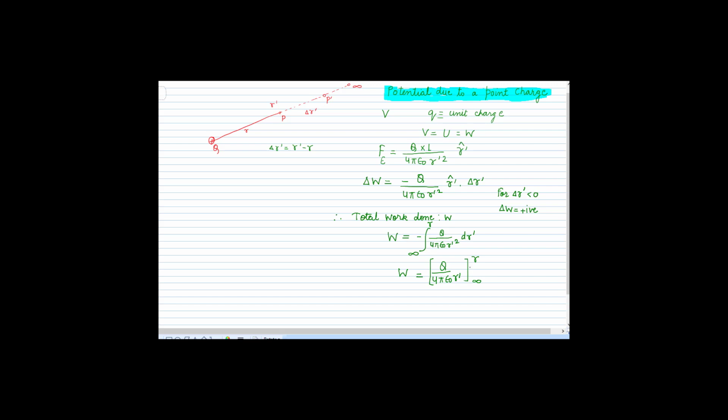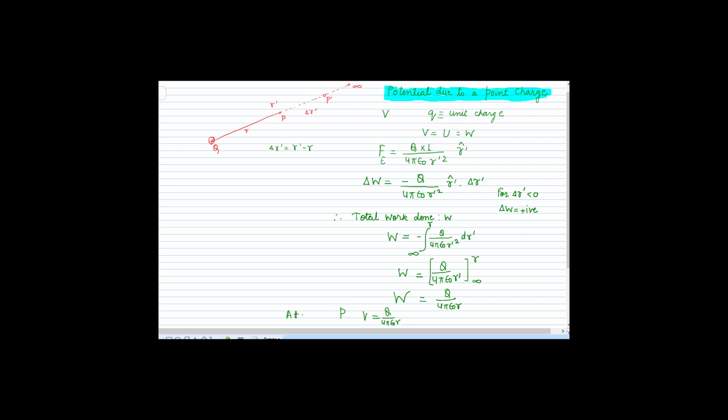And if it is R, then this R dash becomes R. So this is equal to Q upon 4 pi epsilon naught R. This is the total work done in bringing the charge from infinity to any point P. So we can say that the potential at point P due to charge capital Q, the electrostatic potential V, is equal to Q upon 4 pi epsilon naught R.